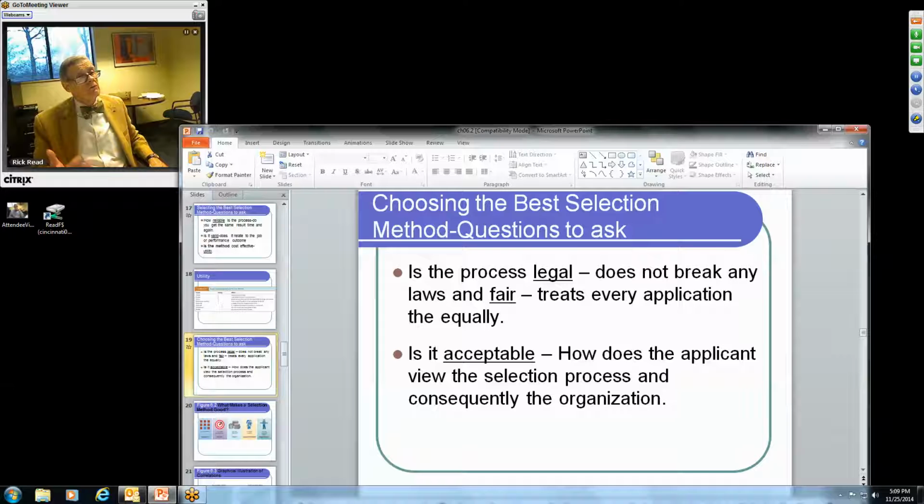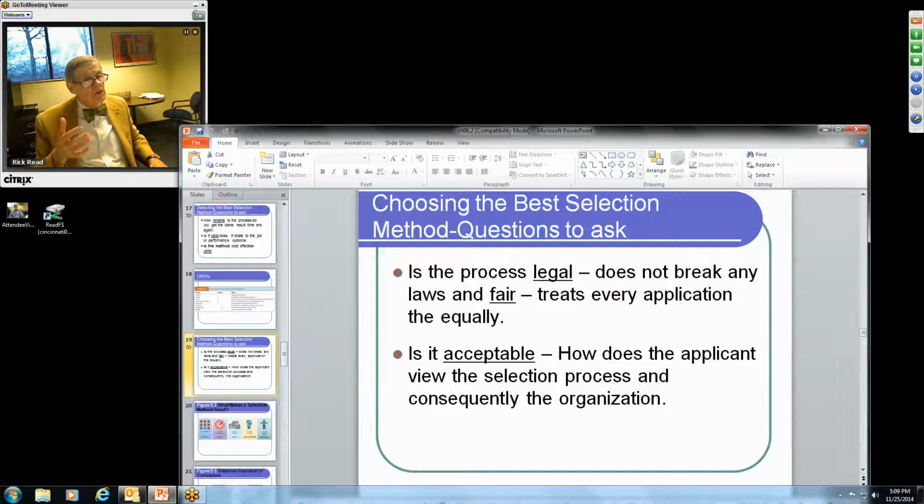Unstructured interviews don't follow any pattern. Somebody may ask a question that just popped into his or her mind, hopefully it's job related, but wasn't asked of somebody else for some reason. And so the fairness could be questioned.